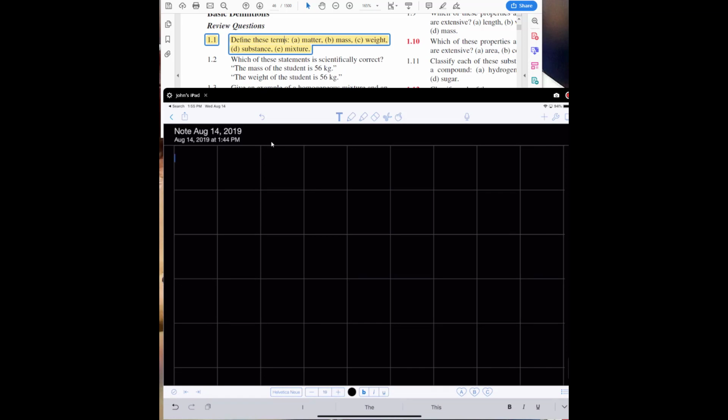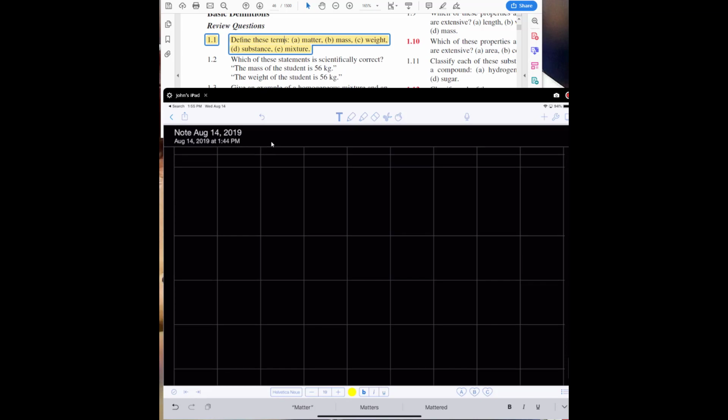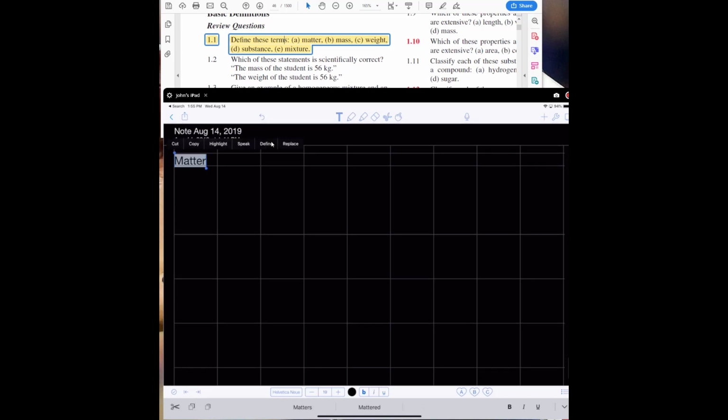Let's see, matter. Here we go, matter. So we can define this as: matter is anything that occupies space and has mass.